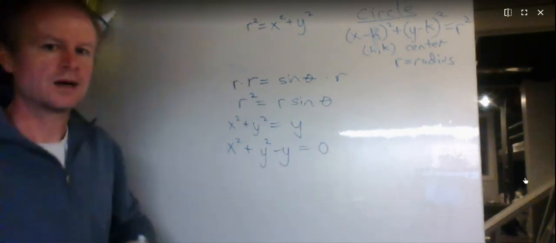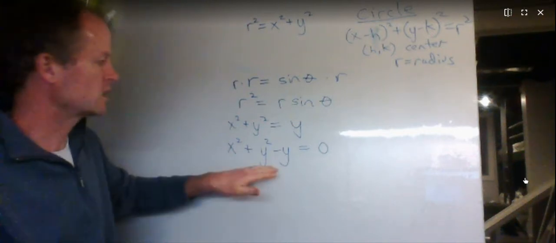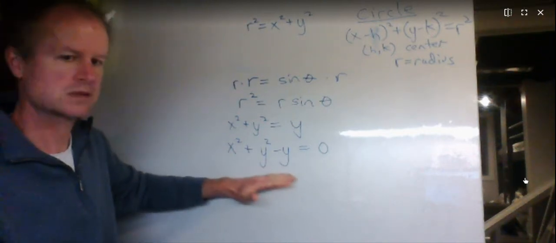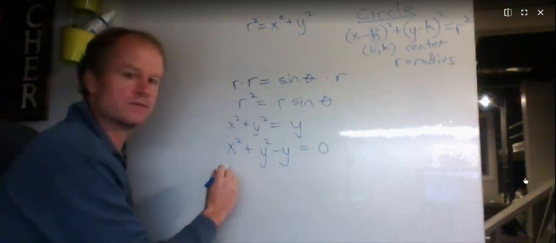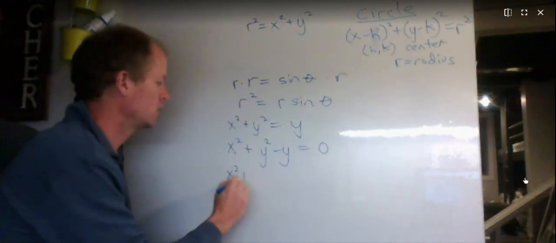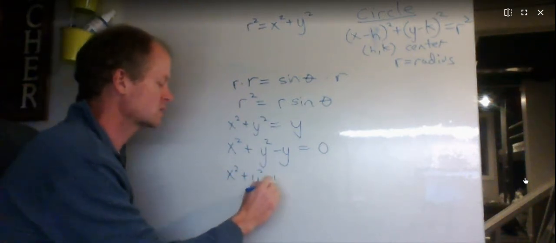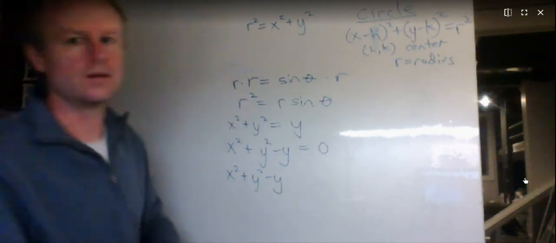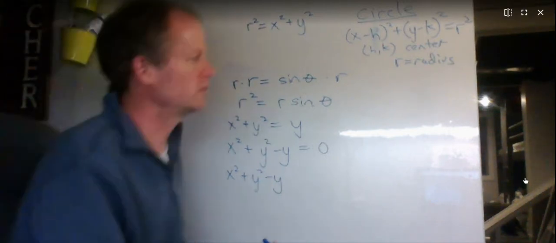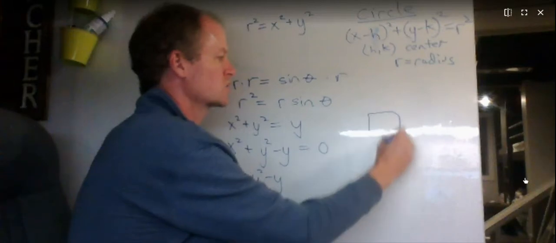Now next, what I'm going to do is try to complete this square. So I'm going to have x squared plus y squared minus y. So earlier this year we talked a little bit about completing the square, actually quite a bit.